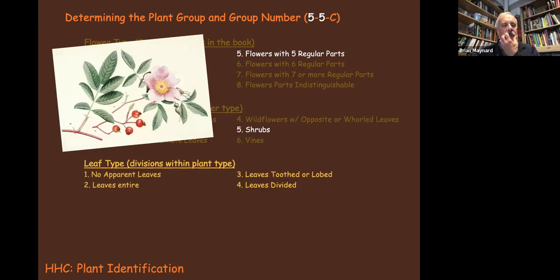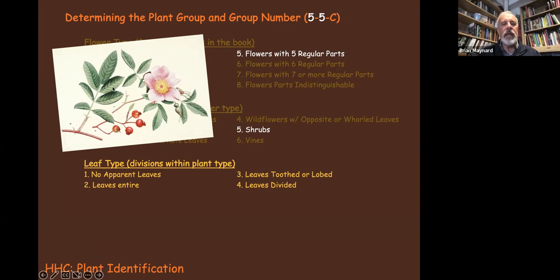And then the third question is, if it has leaves, which it does, what kind of type are the leaves? And in this case, the leaves are divided. So remember back to introductory botany, the definition of a leaf is a green flat structure that's attached to a stem at a node. So the node is here on the stem, and so this entire thing is a leaf.